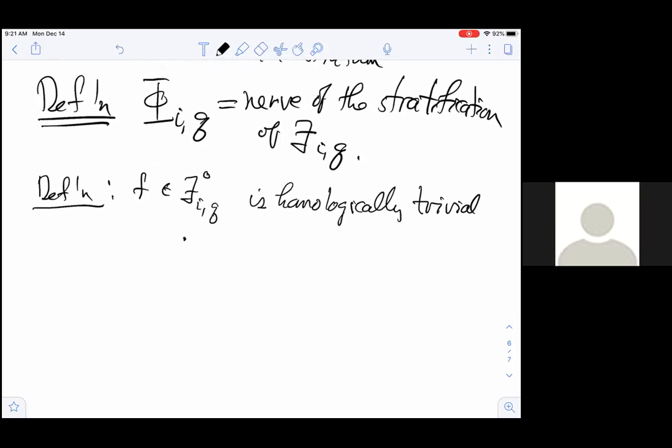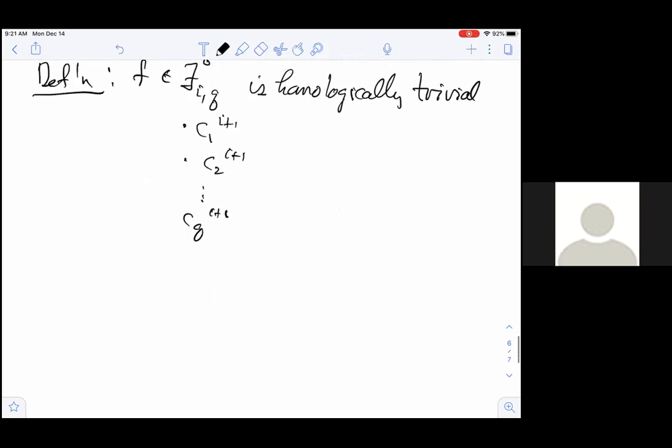So these critical points are ordered. There's C1 I plus 1, C2 I plus 1, down to CQ I plus 1, ordered by the critical value, decreasing from 1 to Q. This is the separation level. And then I look at critical points of index I and I reverse the order.